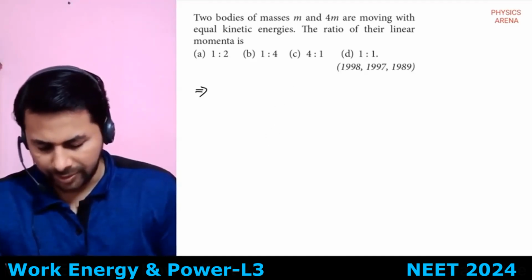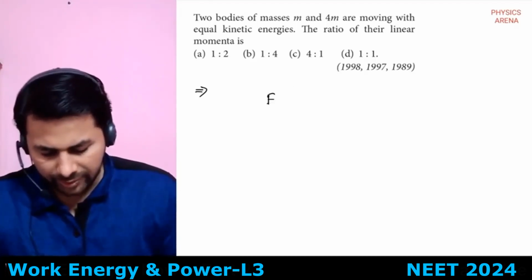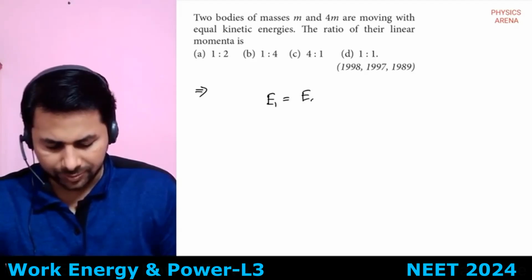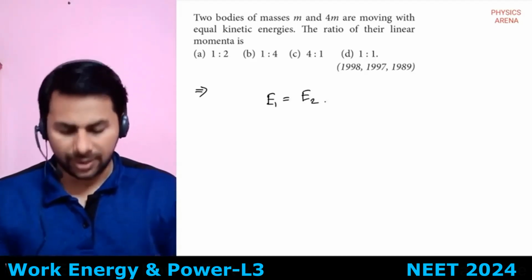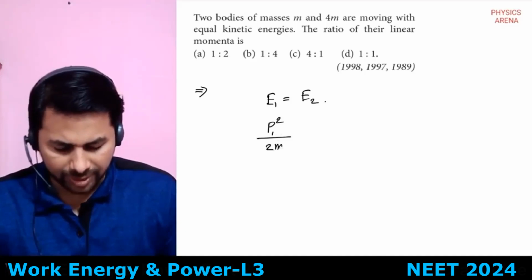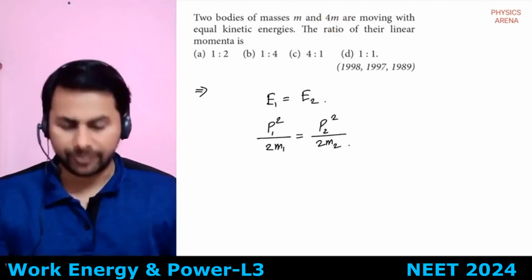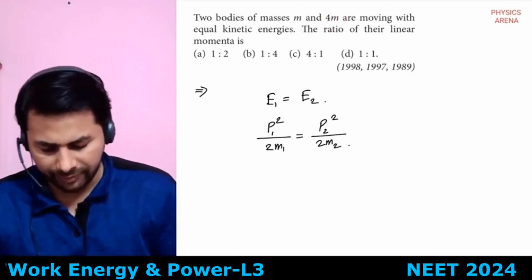We want to find out P1 by P2. So what are we given? We are given E1 is equal to E2, right? Kinetic energies are equal. So it is P1 square upon 2 times M1 equals P2 square divided by 2 times M2. And M2 is how much? It's 4M, that is 4 times M1.